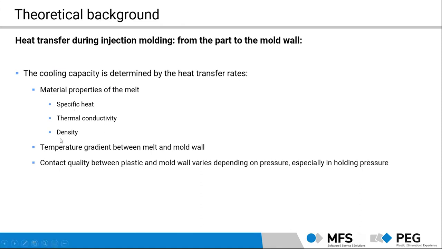But also the contact quality between our part, the plastic, and the mold wall, as this varies during the cycle and depends on the pressure situation. And of course, we know there are differences between the filling phase, packing phase, and then the cooling phase.